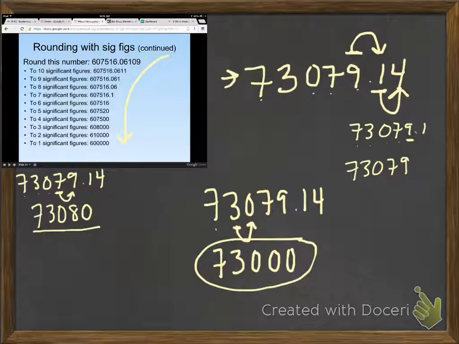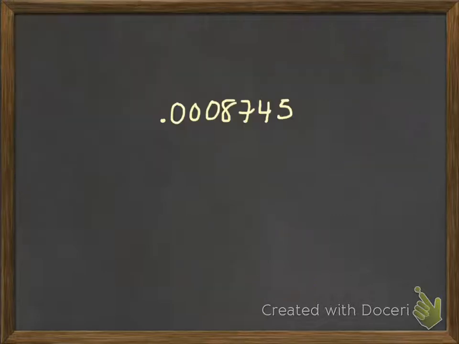Let's do one more tricky one with doing sig figs and very tiny numbers. Okay, we've got this number, 0.0008745, and we've been told that we need to have 3 sig figs. Here's the mistake many people make. They start counting here and go 1, 2, 3. Oh, I should have 0.001.